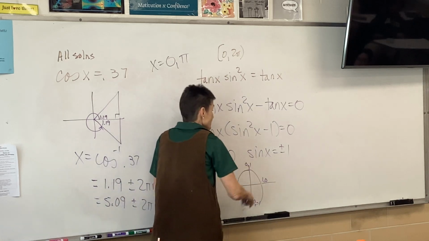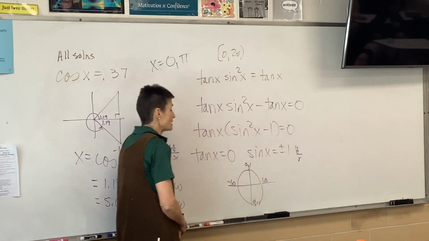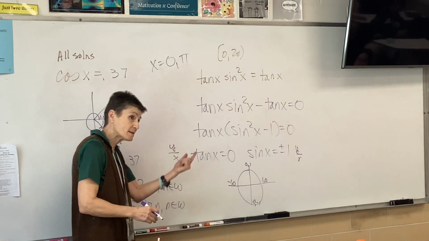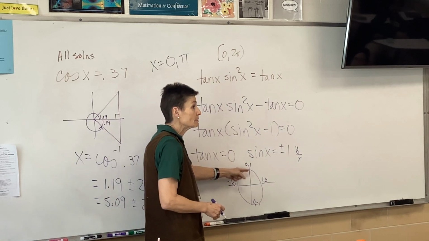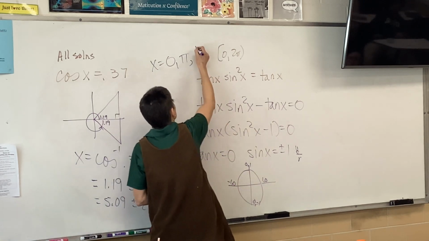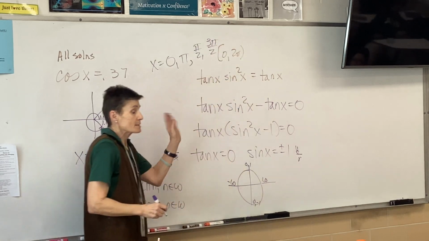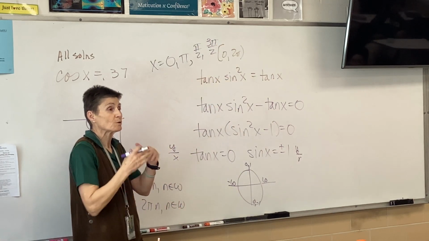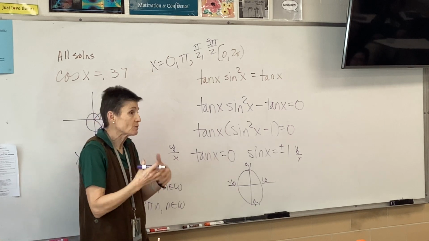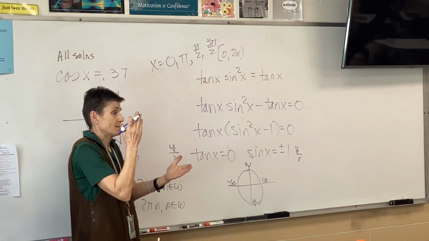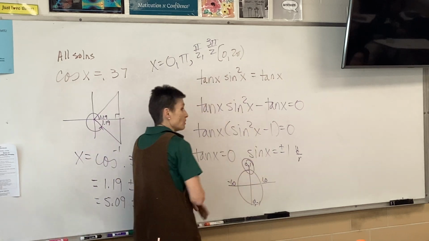Now, where does the sine, which is y over r, where does that equal either a positive 1 or a negative 1? Here and here? Now, some of you put all 4 of those down, which means you were doing the right thing, you were going in the right direction, but what happens to the tangent at pi over 2?